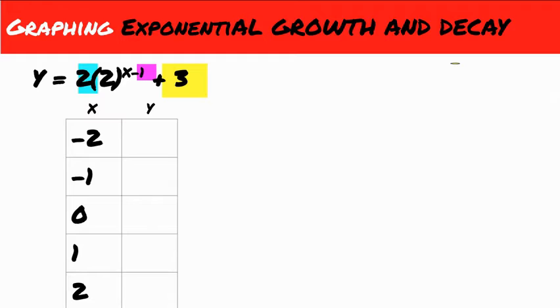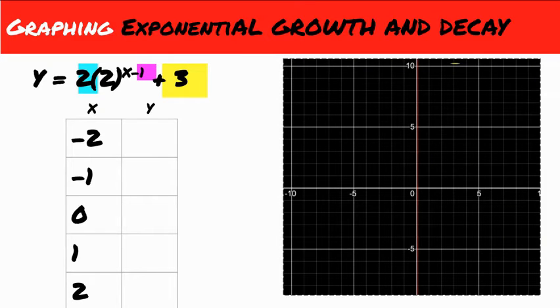So first we focus on our parent function, the function in the absence of all those extra numbers that are highlighted, which would just be 2 to the x. So let's set up our graph over here, and let's start with our parent function evaluated at 0, 1, and 2 to see what's happening to the right, and negative 1, negative 2 to see what's happening to the left.